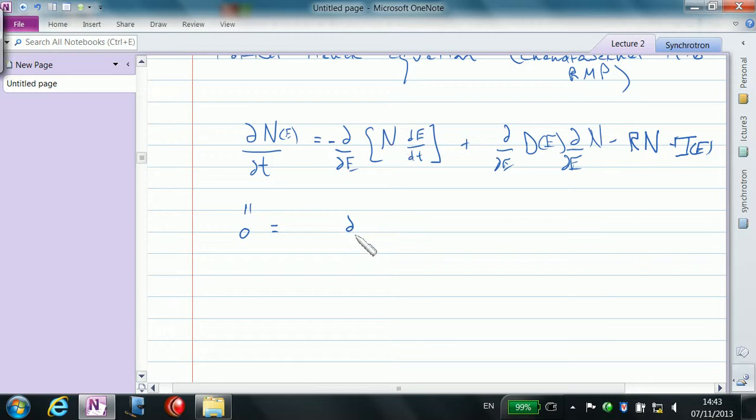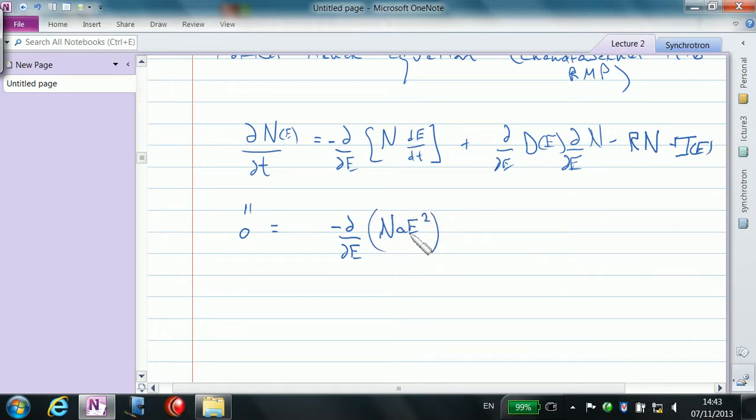So this would be minus d/dE of n times E squared times some constant, which is the rate of synchrotron loss for a particle of energy E.